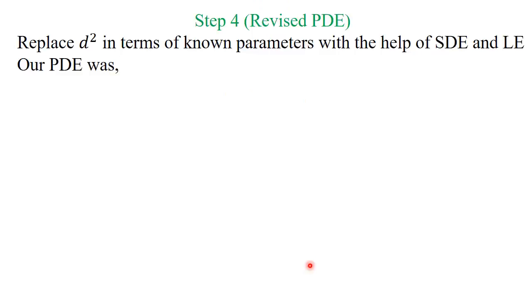So the next step will be to replace this d square which you find in the PDE. The PDE, the primary design equation, was weight W is equal to rho into G into pi by 4 d square into L. So d square is unknown, L is unknown.